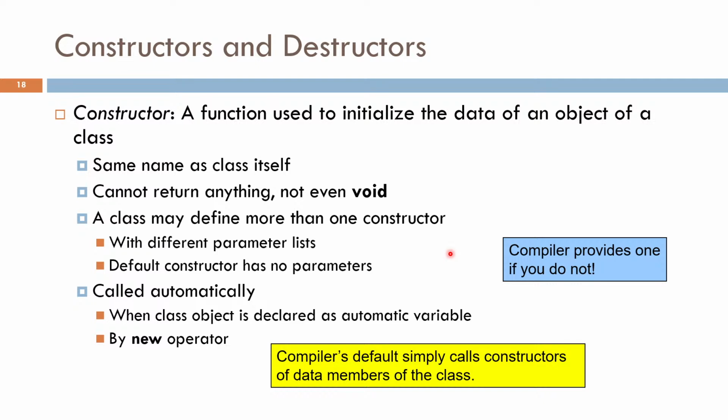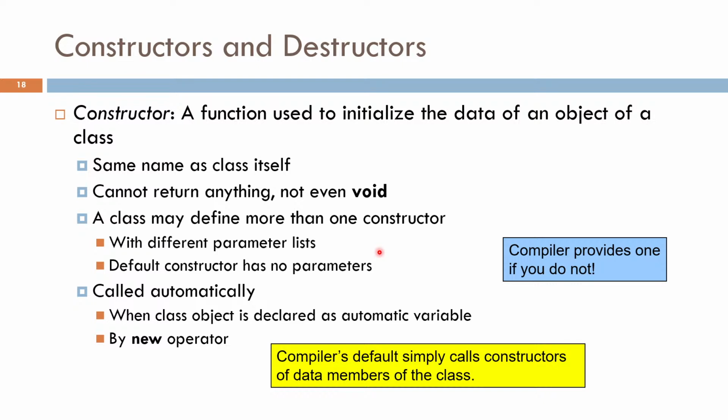Your constructor must have the same name as the class itself, and there are no return types with it. So there's no void, no int, no long, no double, none of that. It is possible to have more than one constructor with different input parameter lists, and we might see an example of that later on in the tutorial.